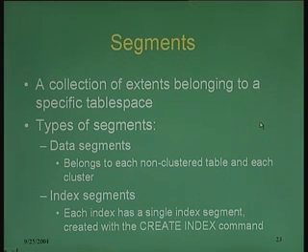As we noted earlier, a cluster is a collection of machines on a LAN which gives us a single system interface. Now a clustered table is something that is spread across the cluster, that is, a part of my table is in one machine and part of it is in another machine, and so on and so forth. Now for every such part in a given machine, a data segment is allocated, and index segments are allocated for every index structure that has been created on these tables. So every create index command will allocate an index segment.